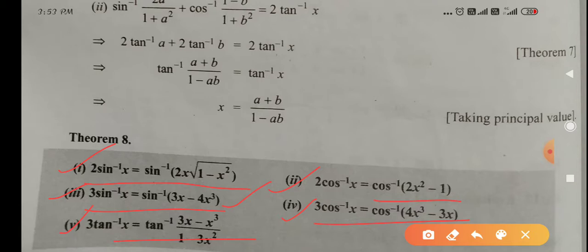Sin 3a was 3 sin a minus 4 sin cubed a. In place of sin a you can put x. So sin inverse of 3x minus 4x cubed. So like this you can learn. With the help of trigonometric function properties you can learn these ITF, ITF means inverse trigonometric function properties.